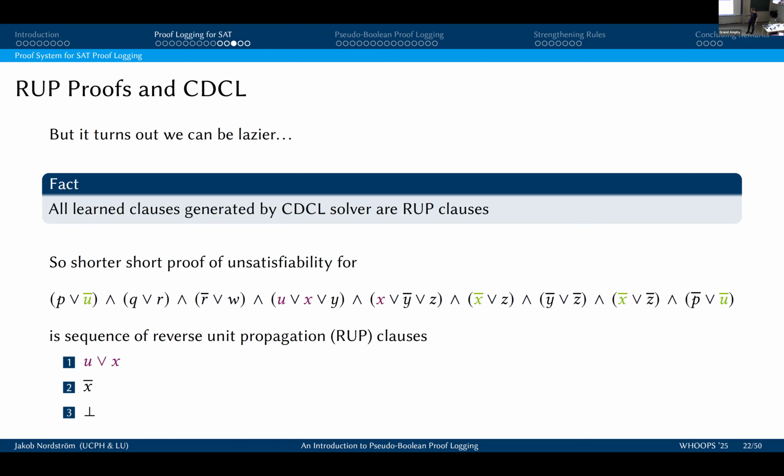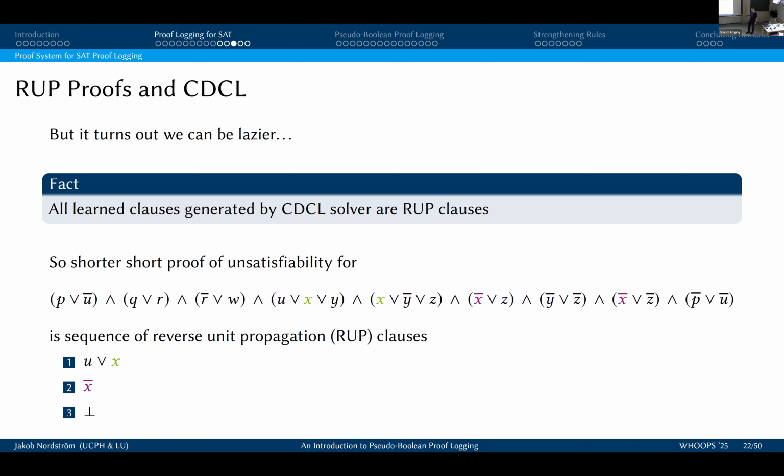First, I start by setting U and X to false. If U and X are both false, then Y propagates to true. That propagates Z to true, which violates this clause. So I asserted U or X to false, and I violated the formula. So this clause clearly follows from the formula.